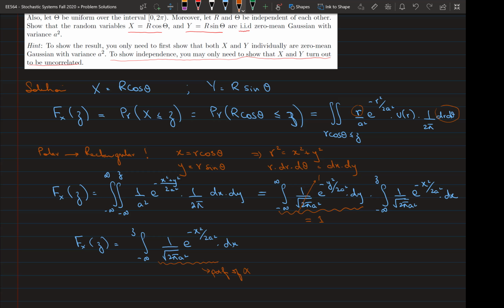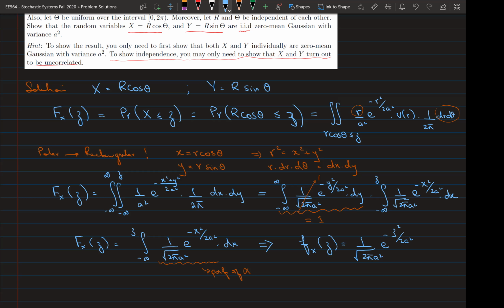And you could do it another way. You could just differentiate the CDF with respect to z, and you're going to get the same result. So this implies that the PDF of x evaluated at z is equal to 1 upon root 2 pi a squared e raised to power minus z squared divided by 2a squared.